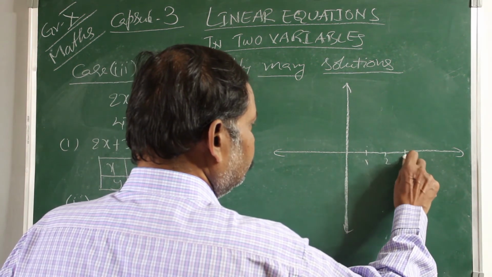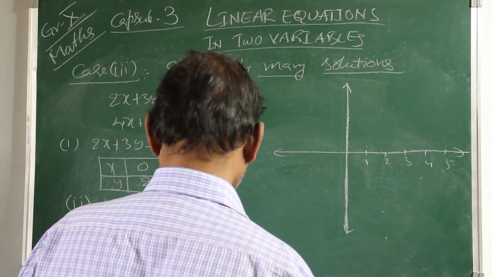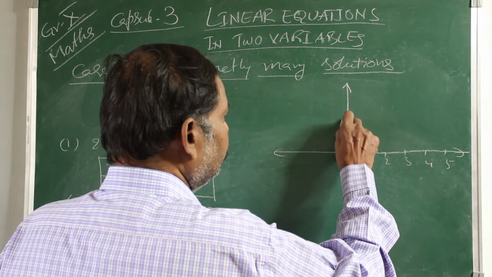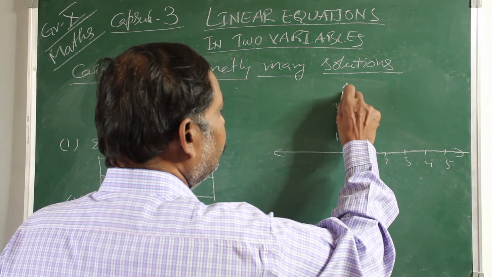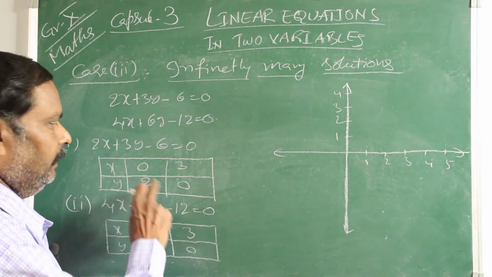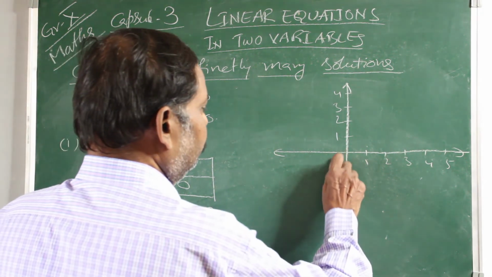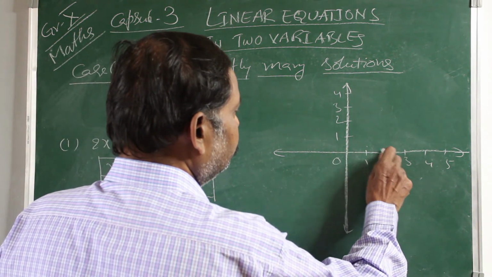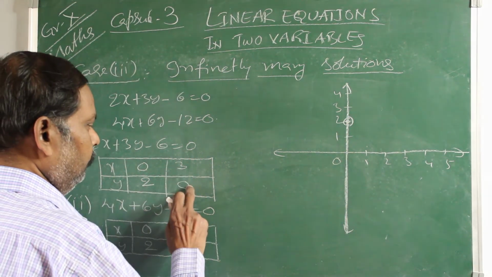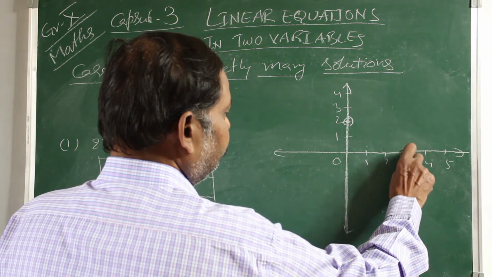One, 2, 3, 4, 5, it will go like that. Here also 1, 2, 3 and 4. The first table is x is 0, y is equal to 2, and x is 3, y is equal to 0, this is the point.